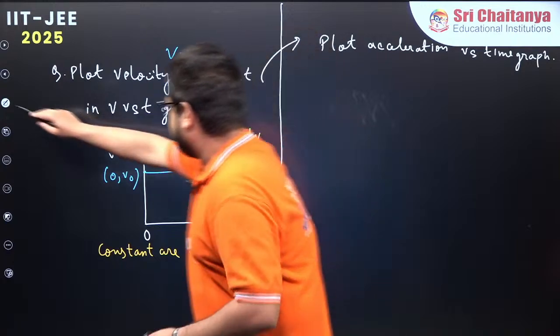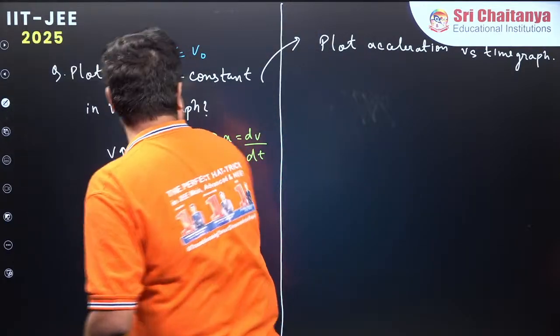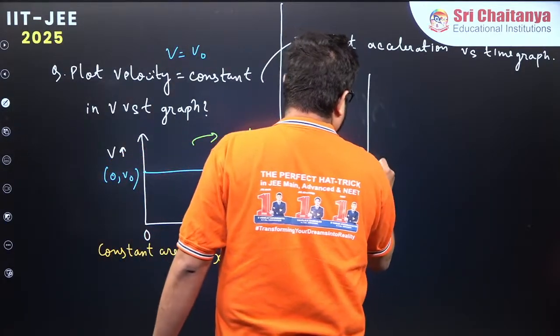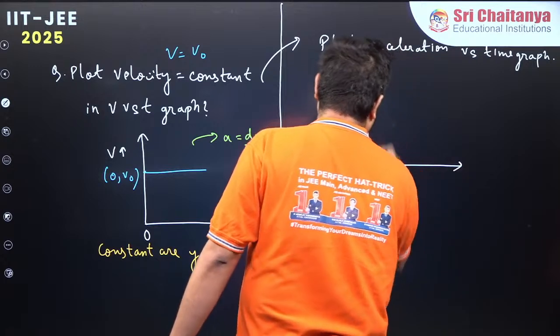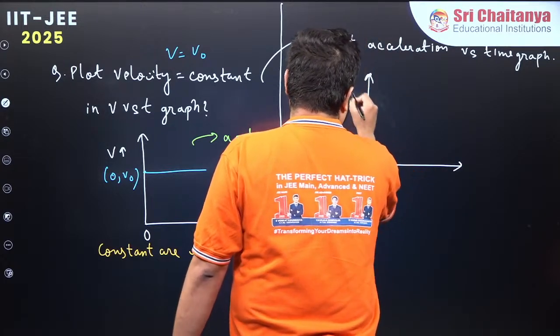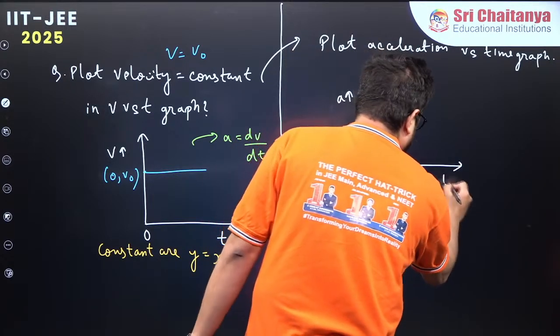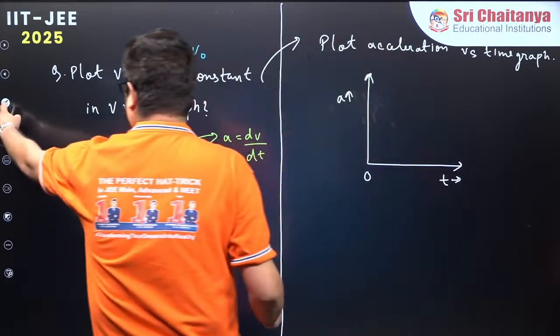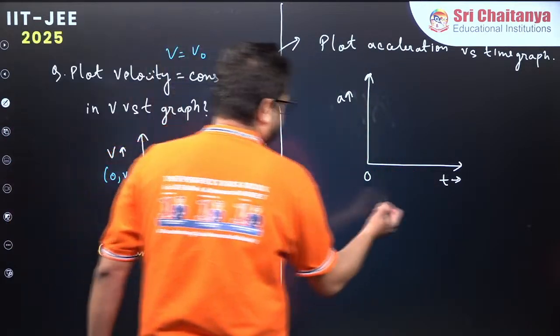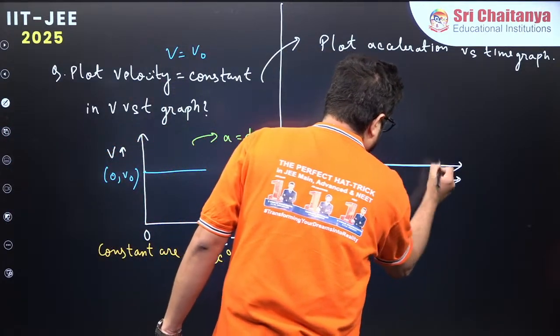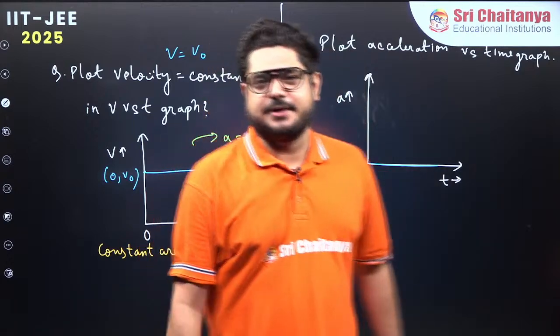So if you want to plot the A versus T graph, with A along the y-axis and time along the x-axis, this is how the nature of the graph is going to be like.